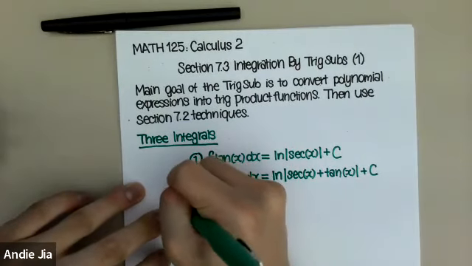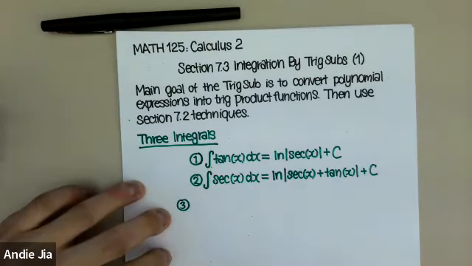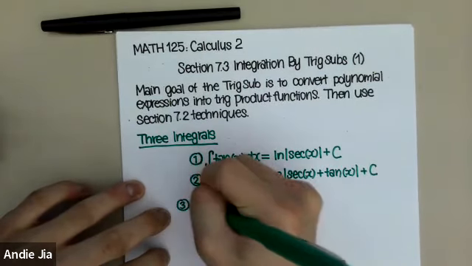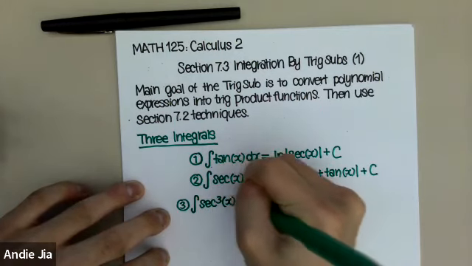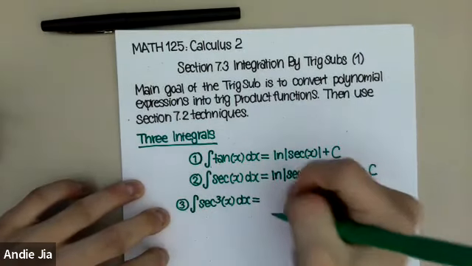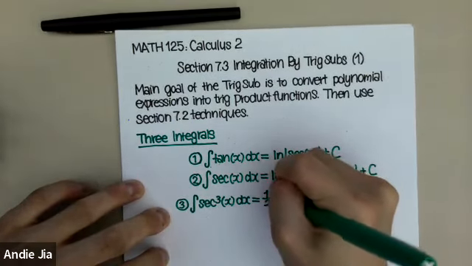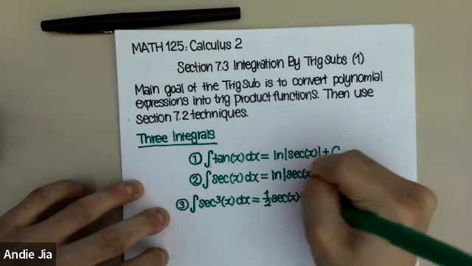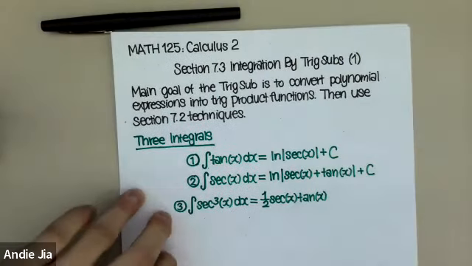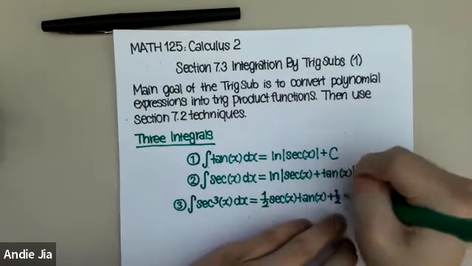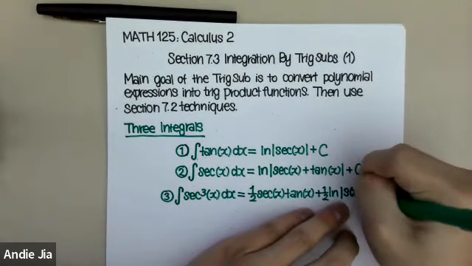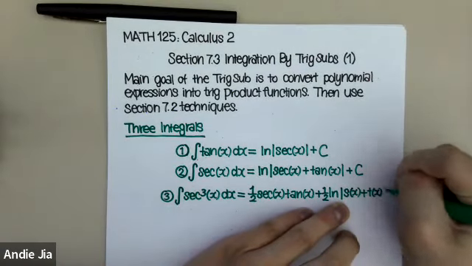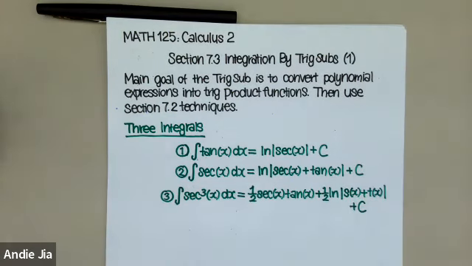This is going to be the hardest, but you don't need to know how to integrate secant cubed. The result is one half of secant of x tangent of x, plus one half of the natural log of the absolute value of secant plus tangent, plus the constant of integration.